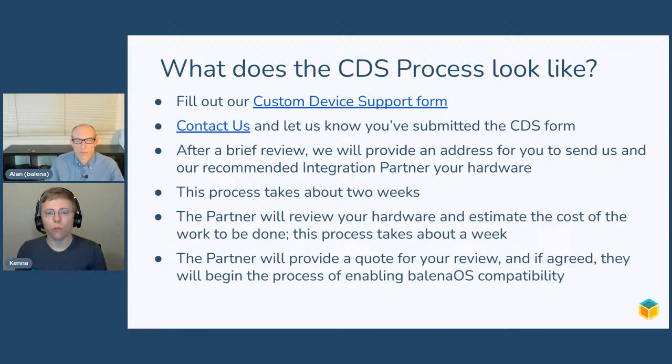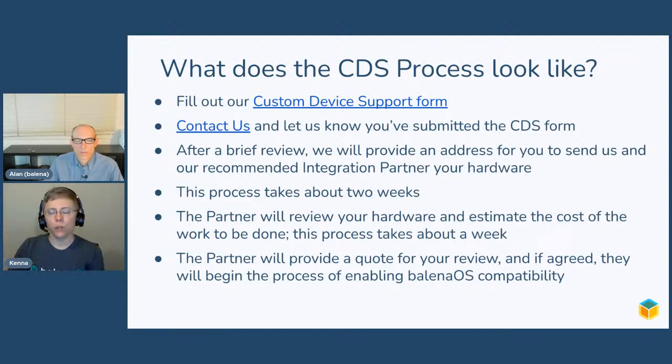But yeah, so we have a form to fill out for custom device support. And this form is going to ask you basic things: company name, what hardware it is, links to it, whether it has a Yocto BSP, and if so, the link to that from the manufacturer, any peripherals you want to use, what kernel you're expecting to be running, all of those sorts of technical details.